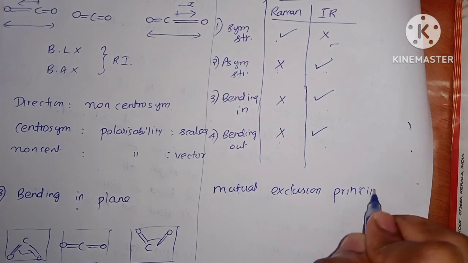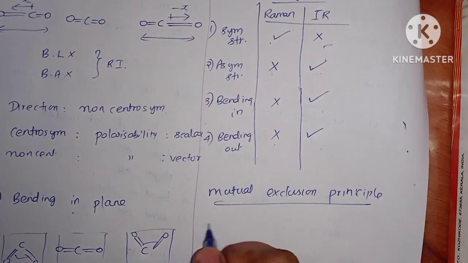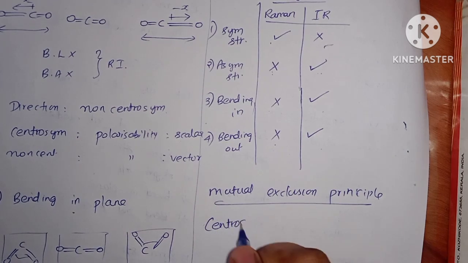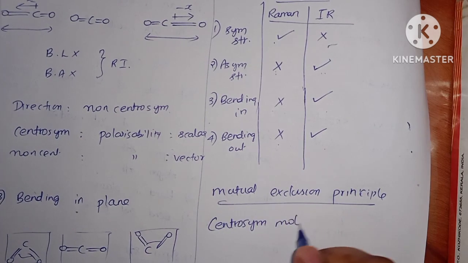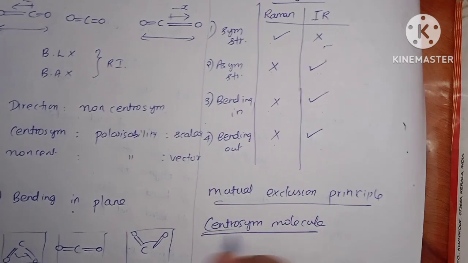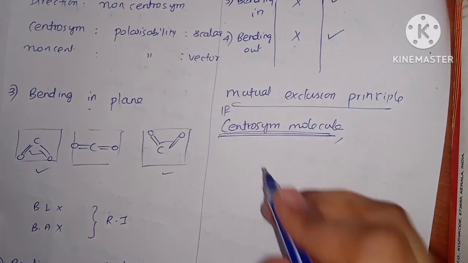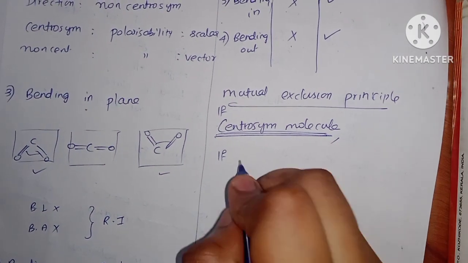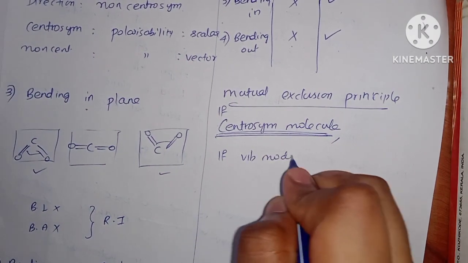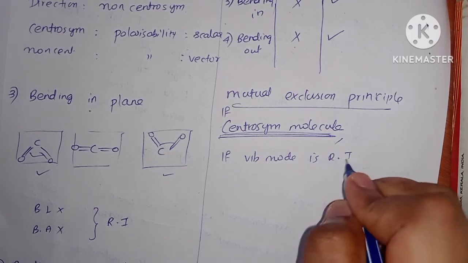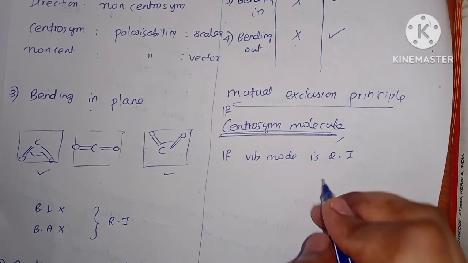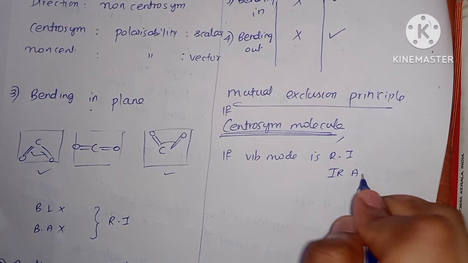And this mutual exclusion principle is only for a centrosymmetric molecule. That means, very important, if the molecule is centrosymmetric and one of its vibrational modes is Raman inactive, then that mode should be IR active.